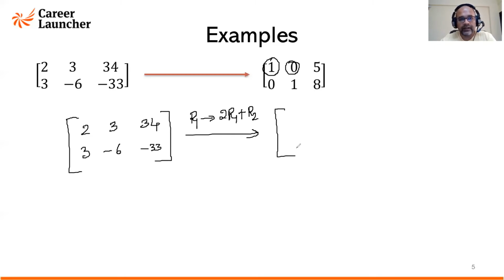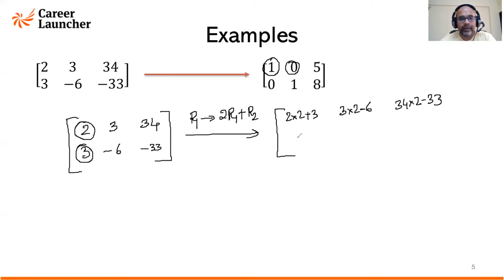You will get 2 into 2, because 2 gets multiplied by 2, plus 3. Similarly, 3 gets multiplied by 2 and plus minus 6, so that is net of negative 6. Then similarly, you have 34 into 2 minus 33.